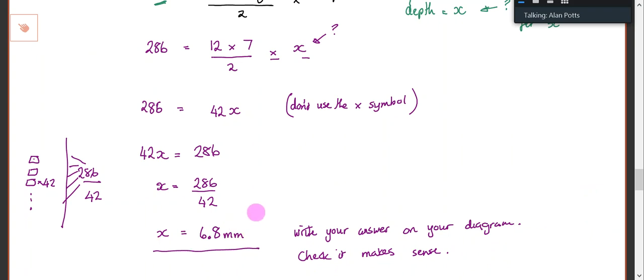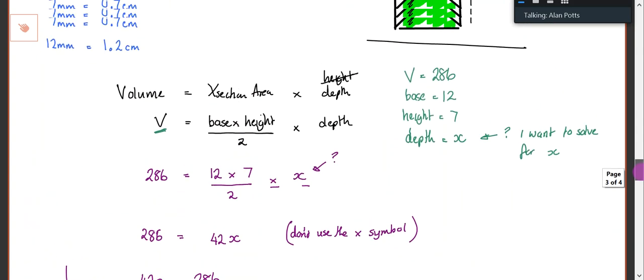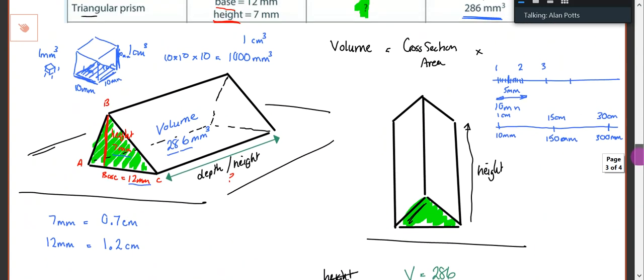Remember, checking if something makes sense is not necessarily about checking your maths. Your maths could be correct, but your answer might not make sense. So I'm going to go back up and write in here that my answer for depth is 6.8 millimeters. And the way to check it makes sense is to do what, guys?